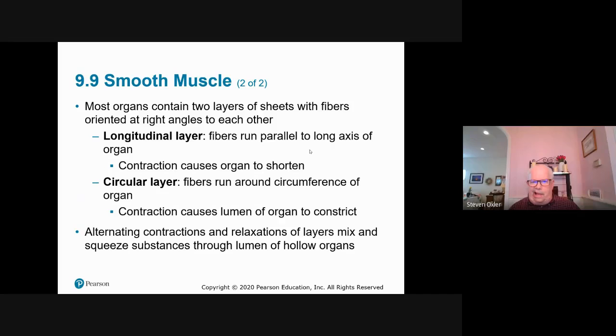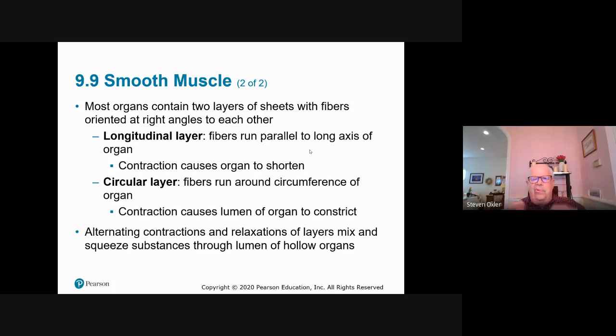Alternating relaxation and contraction of these layers gives that organ the ability to squeeze substances through its lumen.